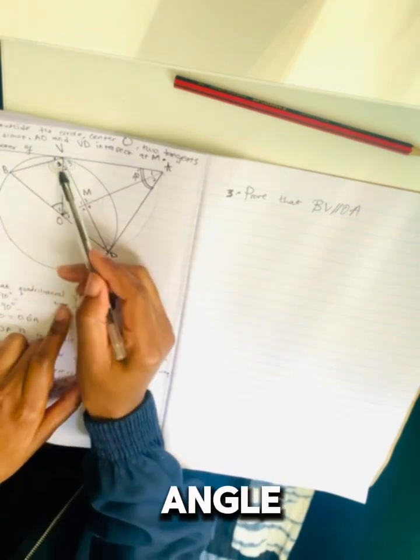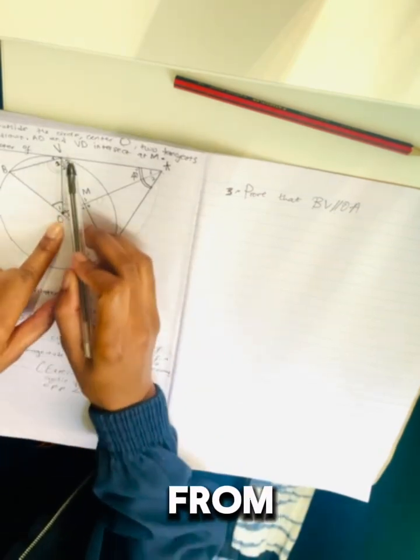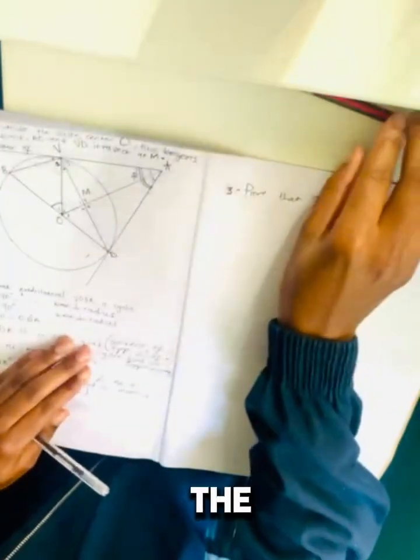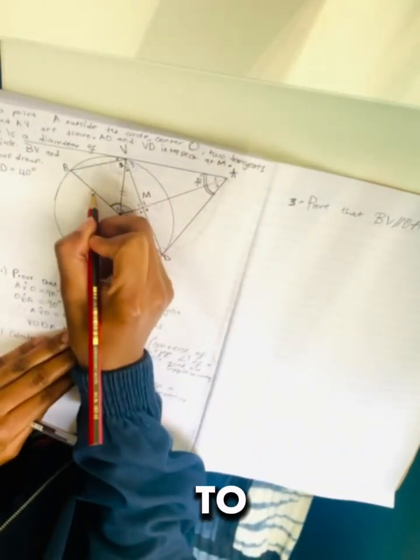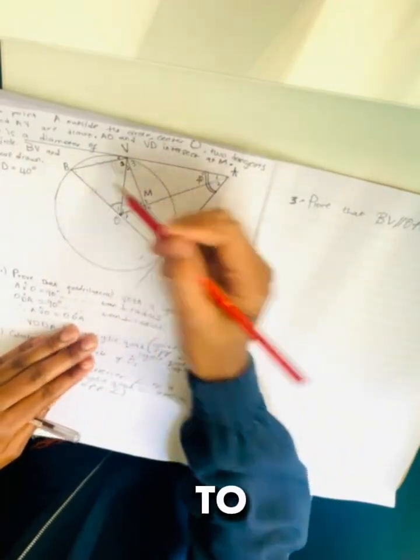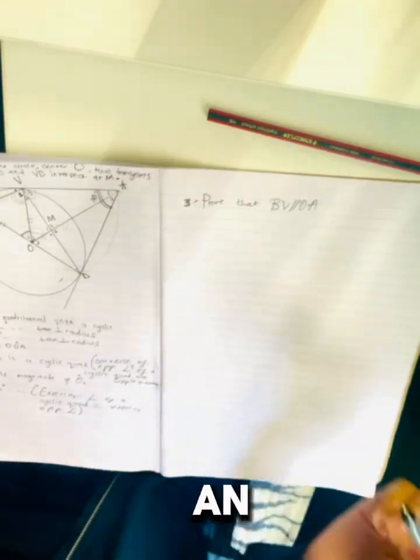Because these are angles opposite equal sides, because these ones are from the same radii and the radius here are equal. So this is equal to this, meaning that this is equal to this because they are the base angles of an isosceles triangle.